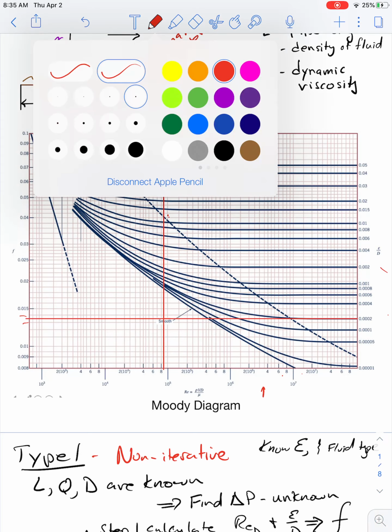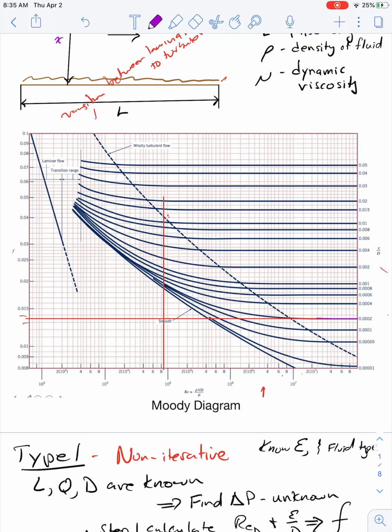And we could go again and follow our line to about here. And from about here, we can go out horizontally. And we're between 0.019 and 0.02. So let's call that right there 0.0195, approximately. It's about halfway in between.